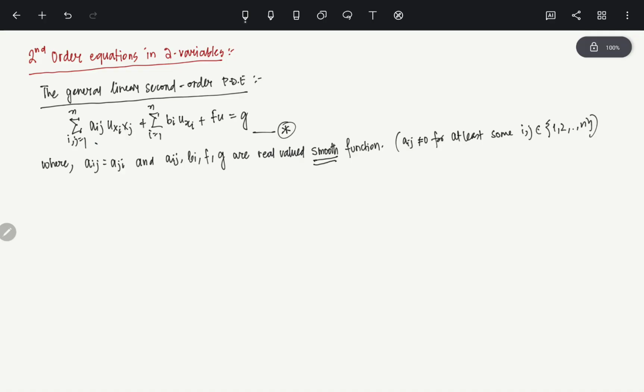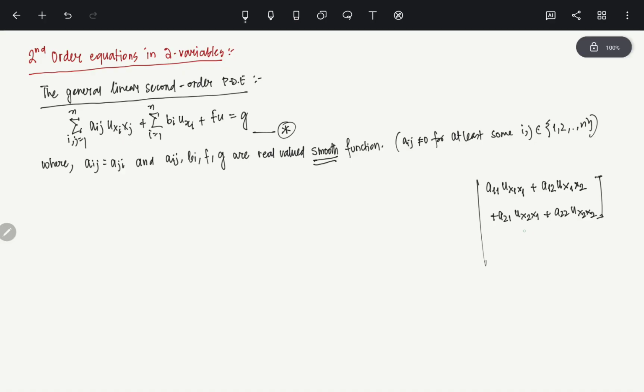If you break up this expression, it becomes a11 u_x1x1, plus a12 u_x1x2, plus a21 u_x2x1, plus a22 u_x2x2. So there are four terms contained in this summation.